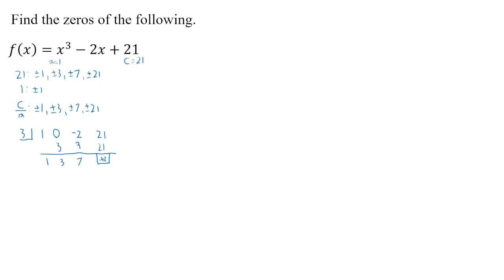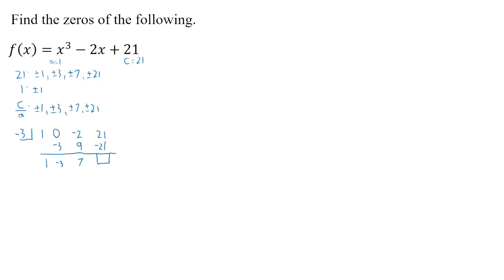So we're going to try -3. Let's try -3. Bring down your 1. -3 times 1 is -3. 0 plus -3 is -3. -3 times -3 is 9. -2 plus 9 is 7. -3 times 7 is -21.